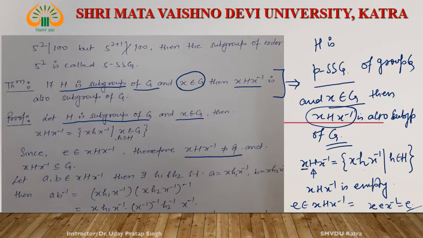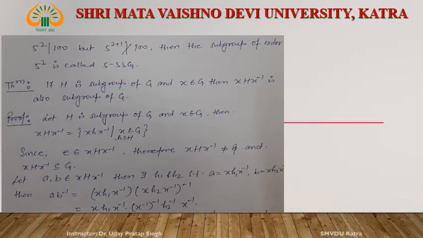Then we have to show that x H x inverse is a subgroup of G. For a subgroup we know that if a, b belong to H implies a b inverse belongs to H for all a, b, then H is a subgroup of G, right? Let us assume that a and b belong to x H x inverse.